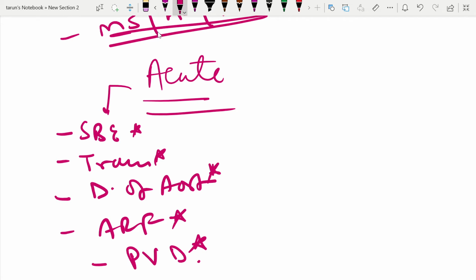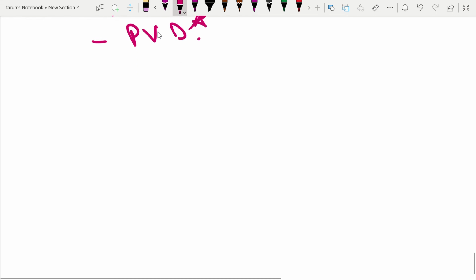Then tell me the causes of aortic regurgitation with normal or low pulse pressure. This can be asked. Normally with aortic regurgitation you will get the wide pulse pressure. So what are the conditions in which you get aortic regurgitation with normal or even low pulse pressure?